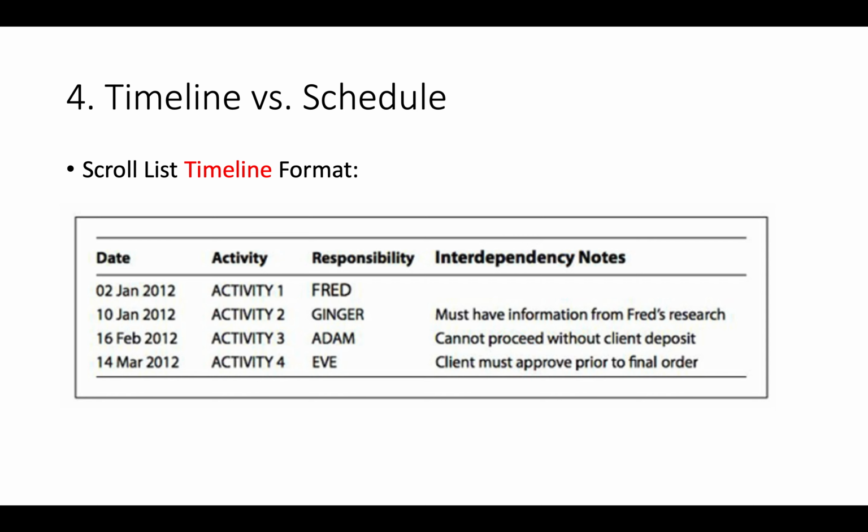For example, Fred is taking care of activity 1, and the second team member, which is named Ginger, she must have information from Fred's research in order to complete activity 2. So this is how we set up a timeline of our plan to plan for the events.